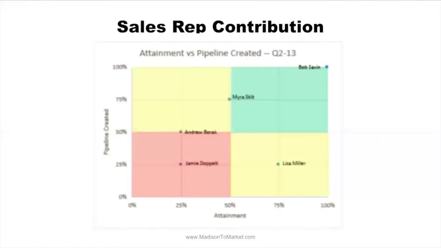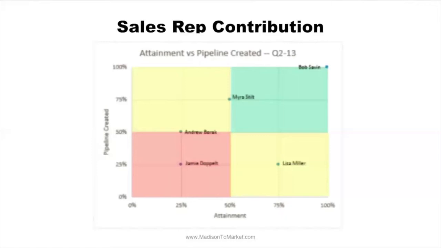And then on the y-axis, going up and down vertically, we see pipeline created. So reps can contribute to the business on those two parameters. Actual contributions in this example have been separated into quartiles, 0, 25th, 50th, 75th, and 100th percentile, in order to normalize the data and adjust for any outliers.